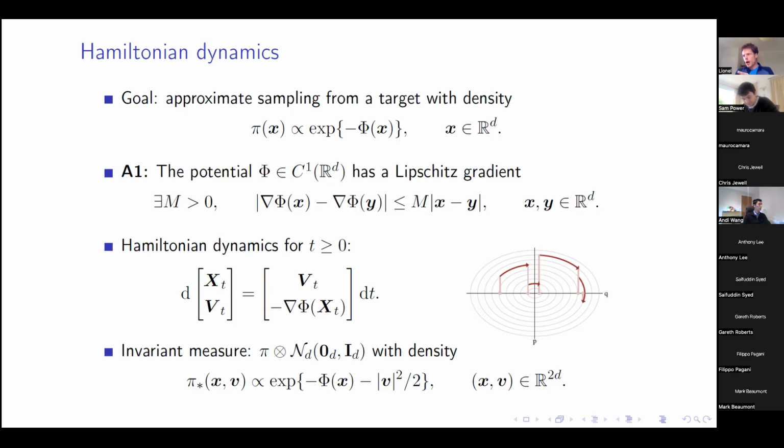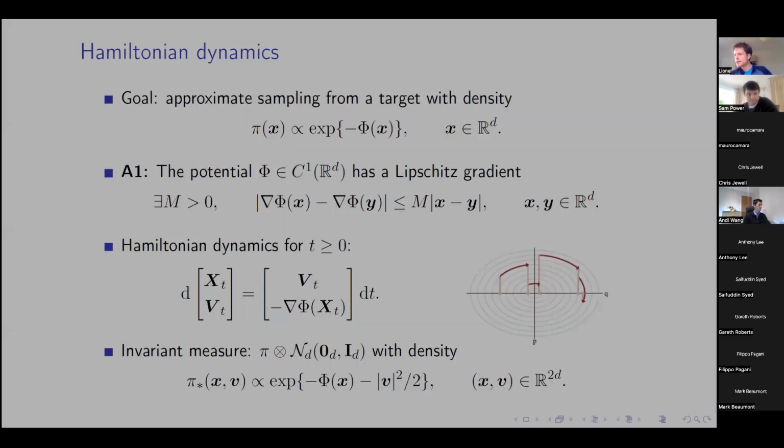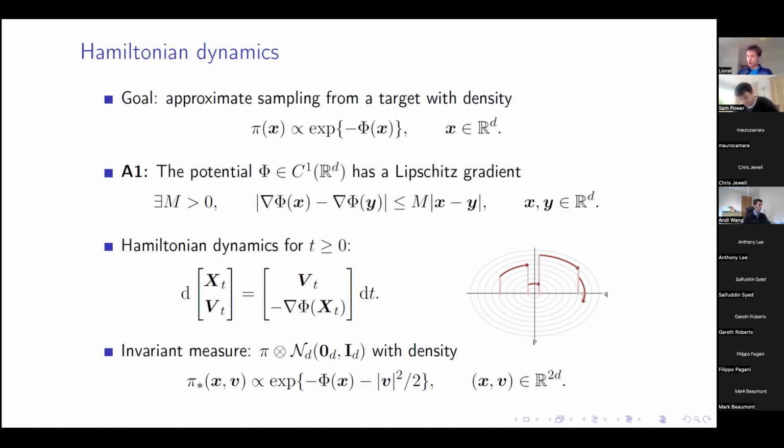So Hamiltonian dynamics are defined here by this system of ordinary differential equations that tracks the position x and a velocity v on an extended space on R^2d. Right?